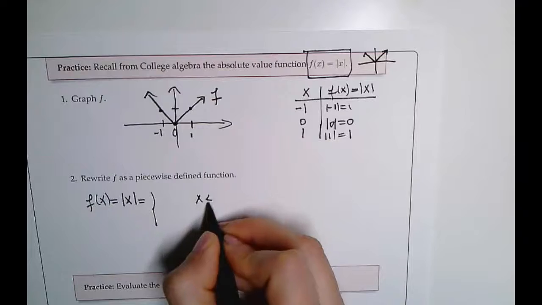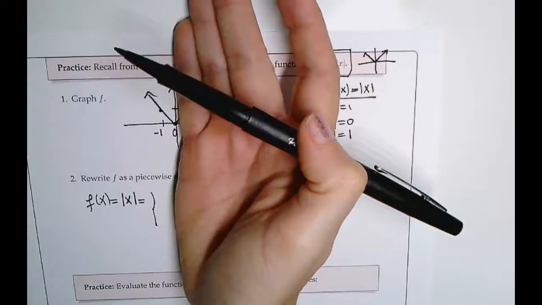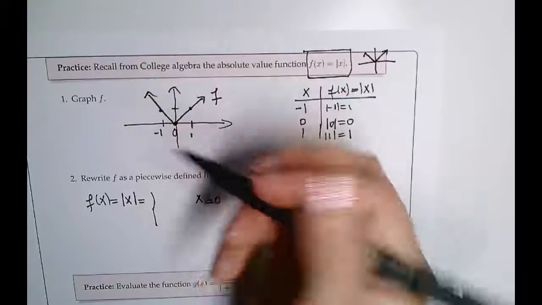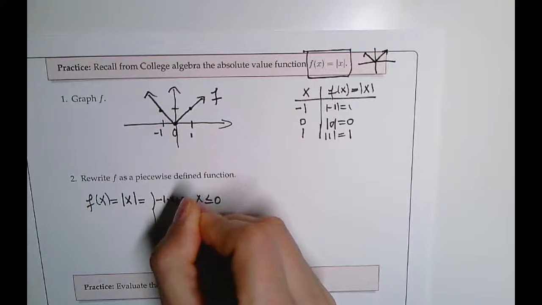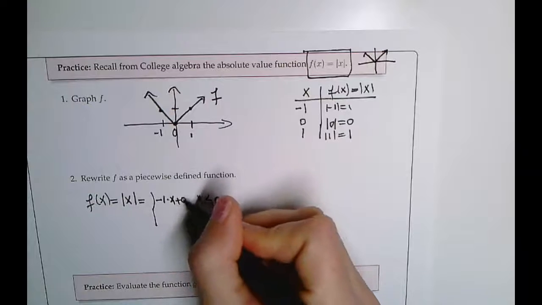So when x is less than or equal to 0, on this piece, we saw that it's a line with slope -1 and y-intercept 0. So it is -1 times x plus 0. I wrote everything: negative slope, -1, and 0 for y-intercept.